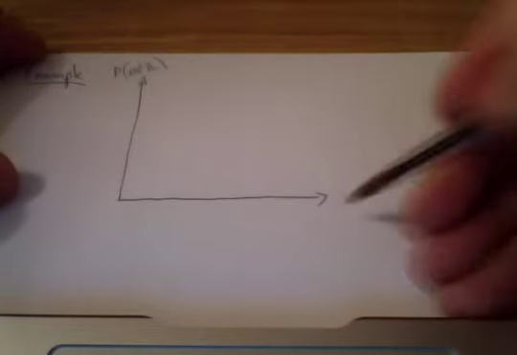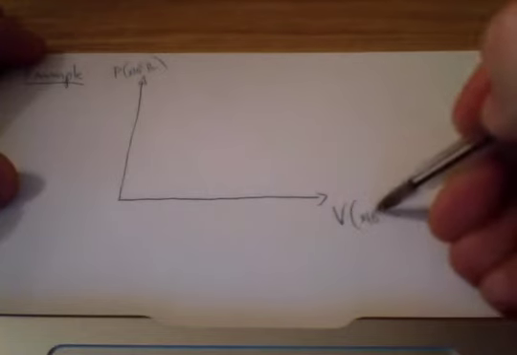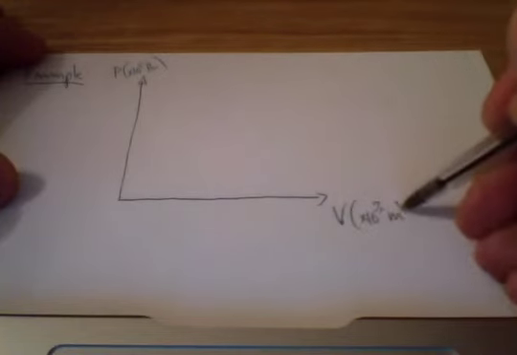Okay, this time it's slightly different, the graph. It might be worth me talking through what's going on. Again, we have the pressure, just like before, and the volume, just like before.